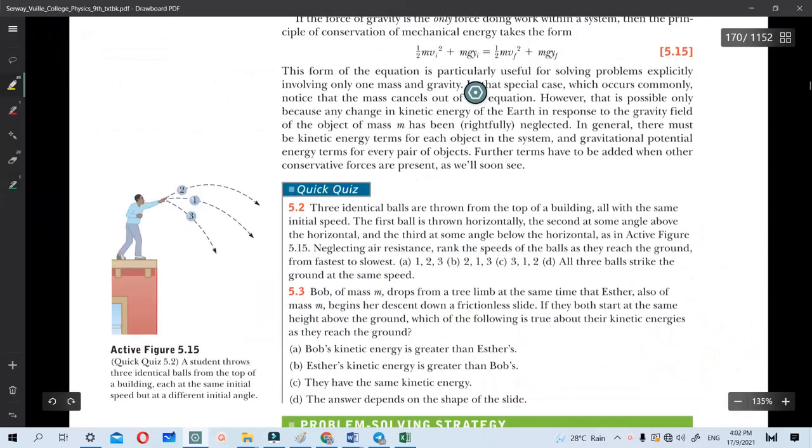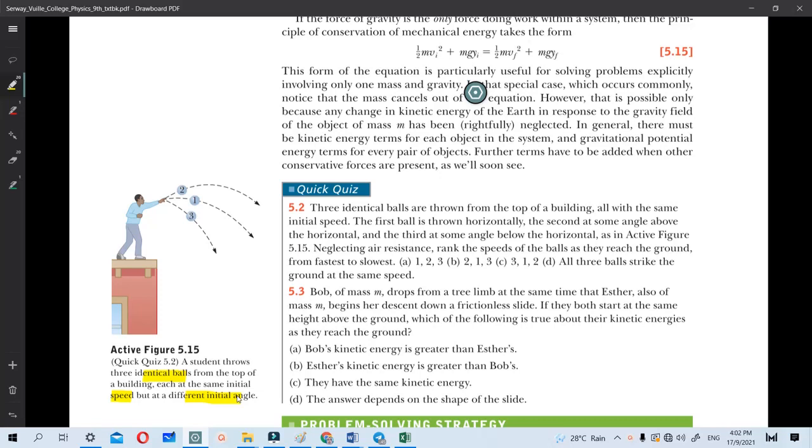Now, let's look at this quick quiz. This is coming from a different textbook. The situation is this guy is going to throw 3 identical balls, same mass, from the same position, from the same height, the same gravitational potential energy, and the same initial speed, the same kinetic energy. The only difference is the different angle, like a projectile.